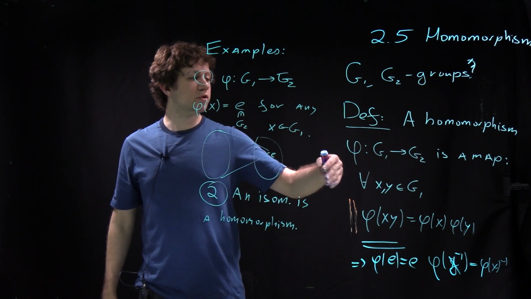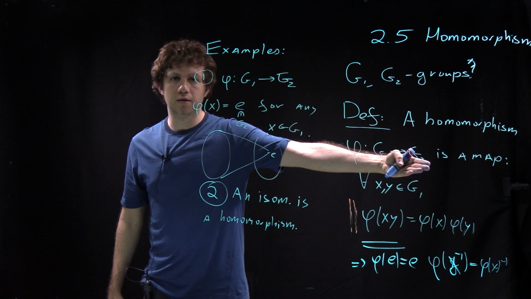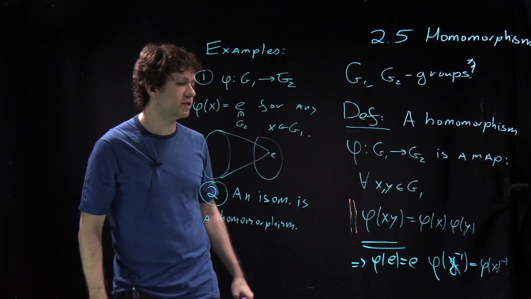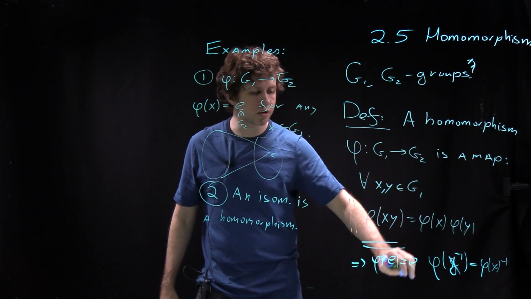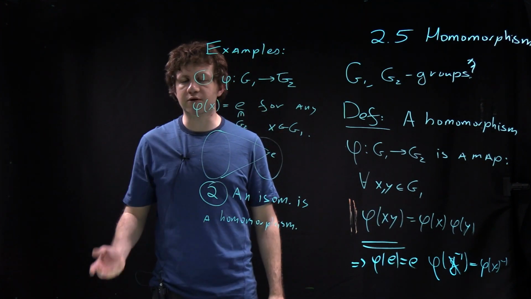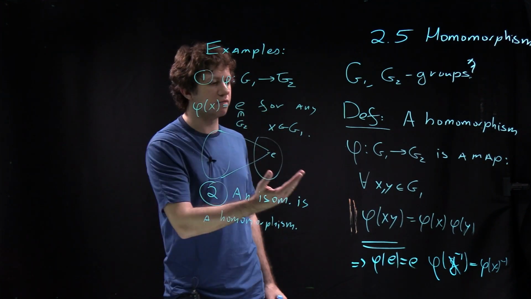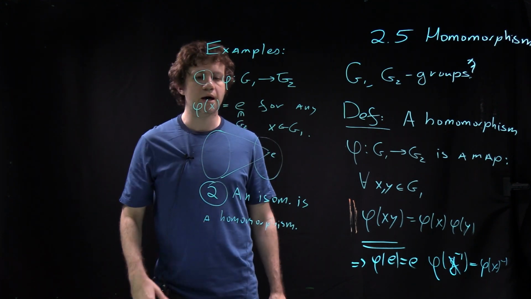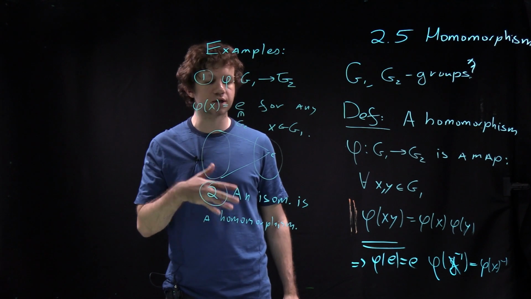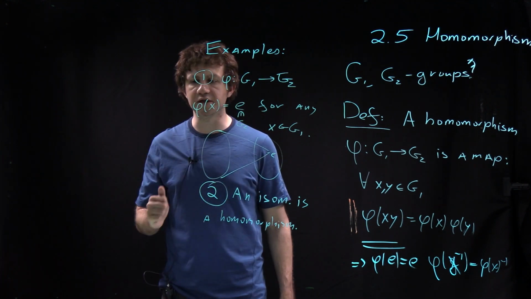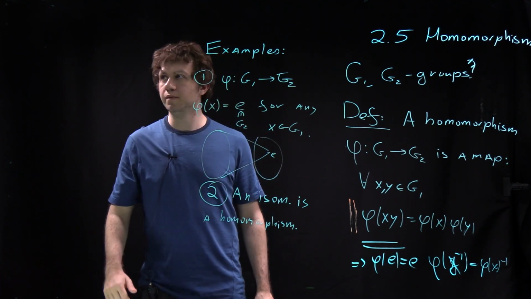In linear algebra, you have a notion of a linear map between two vector spaces, and this is pretty much the same idea: an operation-preserving structure. Except for vector spaces, there are a lot of different linear maps. They basically correspond to matrices, and between groups, the question is much more subtle. So finding interesting homomorphisms is a kind of deep question.